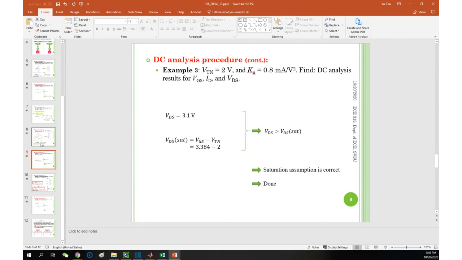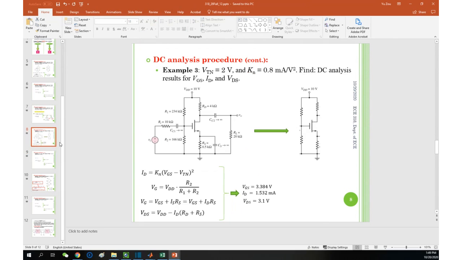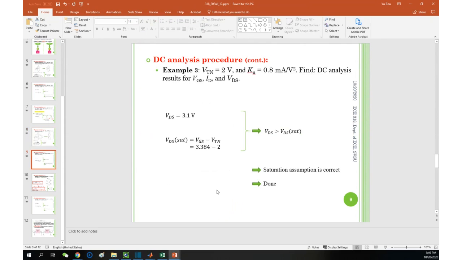Go ahead and do the checking. I'm presenting the solution here, but hopefully you don't need to check this solution to come up with your own solution in your notes.